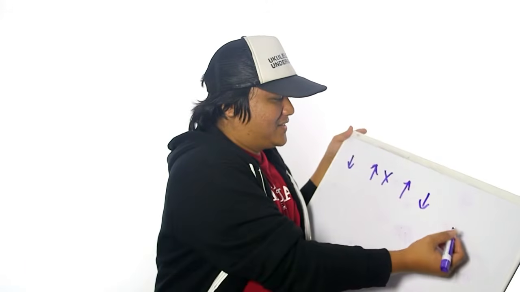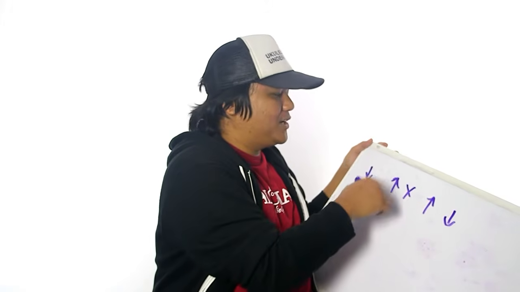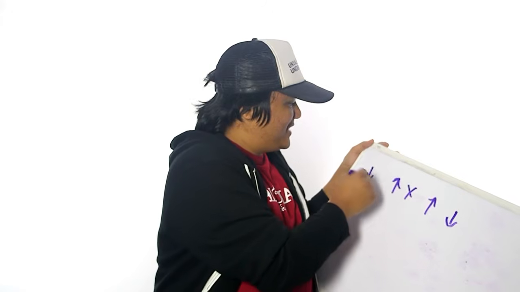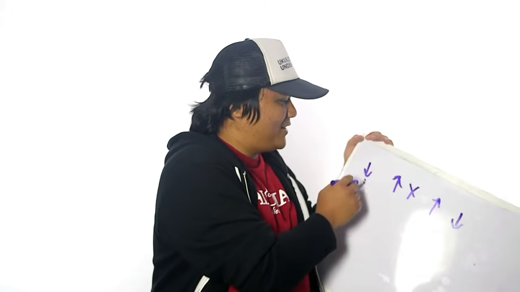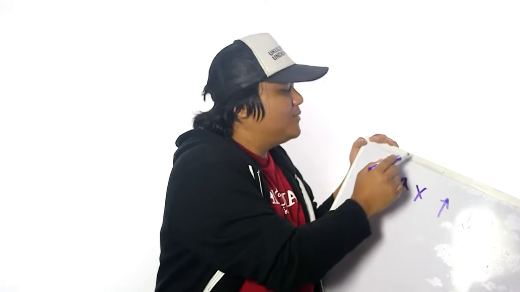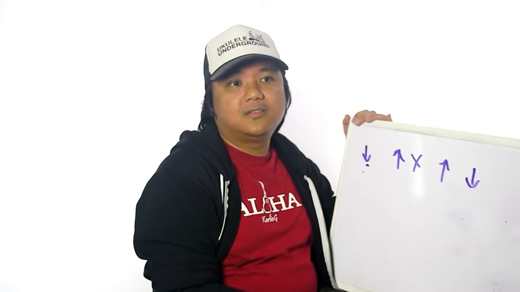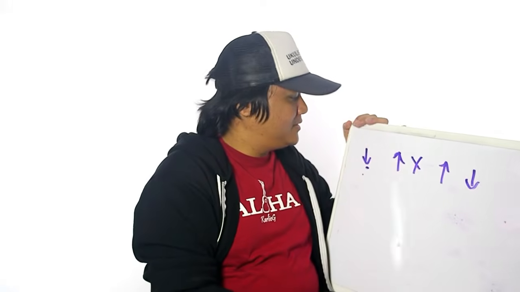Down, up, chunk, up, down, down, up, chunk, up, down. And when you count that, the first down is on the 1.